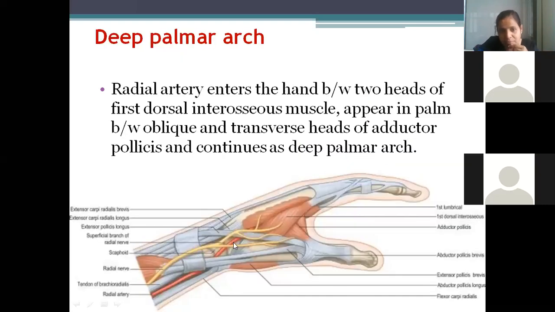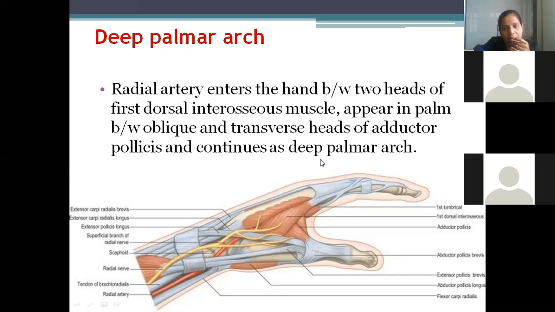So what is the course of this radial artery? It is piercing the two heads of the first dorsal interossei. Then it is appearing in the palm. Is it clear, Vita? When it is piercing this, obviously a thenar muscle, what is the deepest thenar muscle we know, beta? Adductor pollicis, no? It had a transverse head and an oblique head. So it runs between these two heads and then it is seen in the palm.